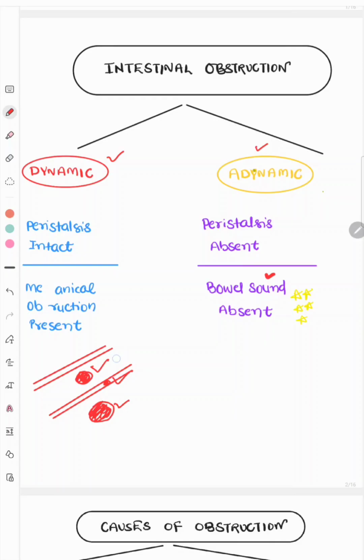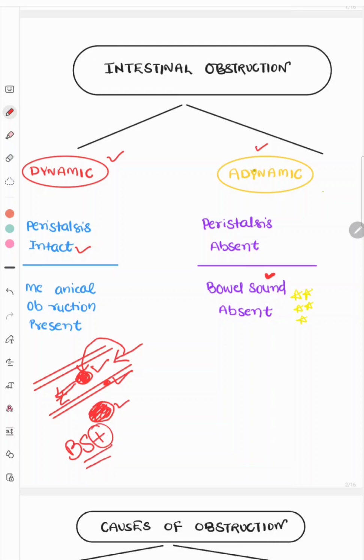In dynamic obstruction, the peristaltic mechanisms are intact as written in the slide. This peristaltic movement is exaggerated in dynamic obstruction, which tries to overcome the obstruction. So there is exaggeration of peristalsis, and there is presence of bowel sounds in dynamic obstruction.